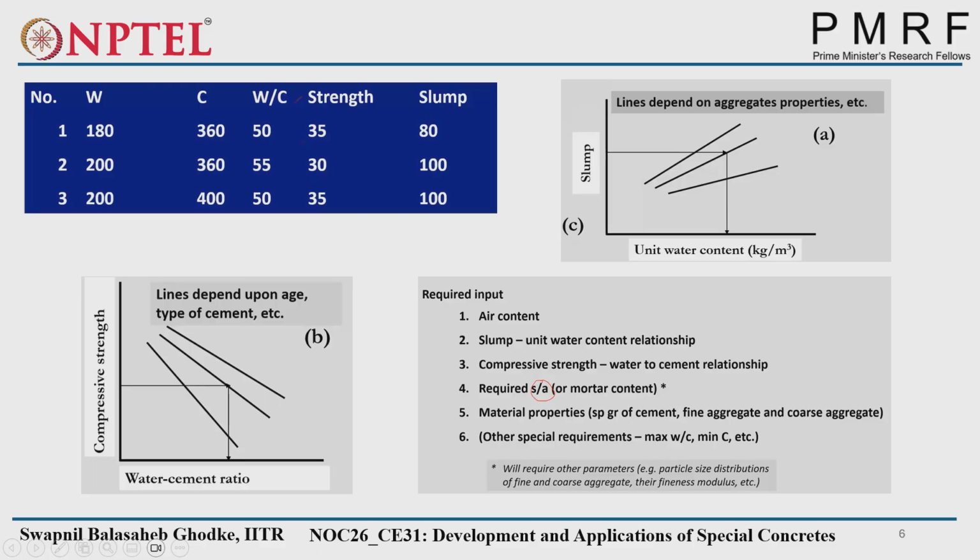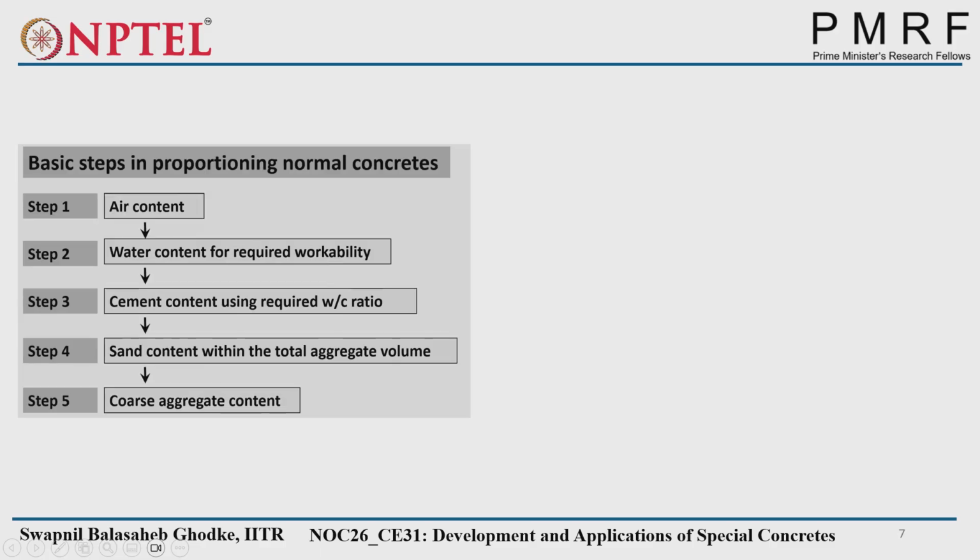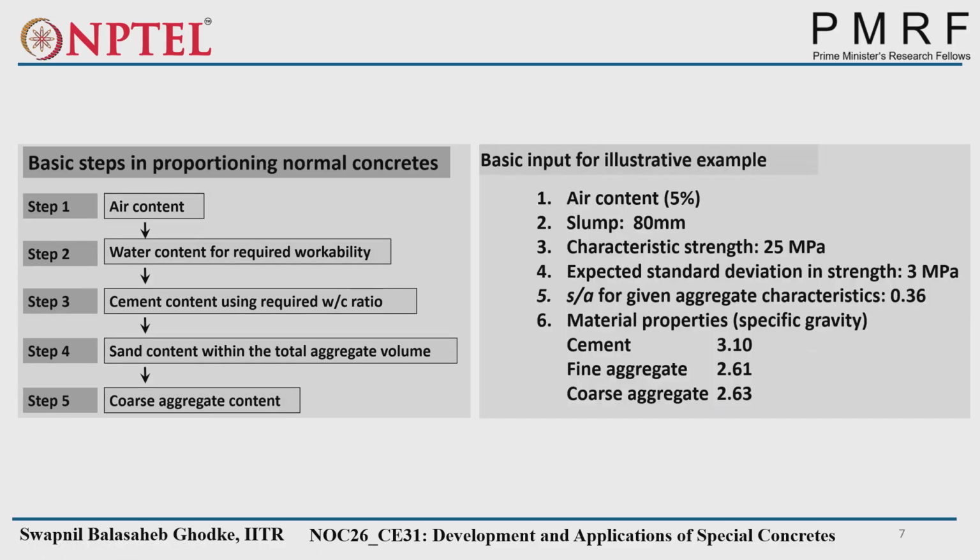So to calculate the cement content, we have the 30 MPa design strength, so we get the water cement ratio, suppose, 0.5. Can anyone calculate? We have the water cement ratio 0.5 and water content 160. How much will be the cement?